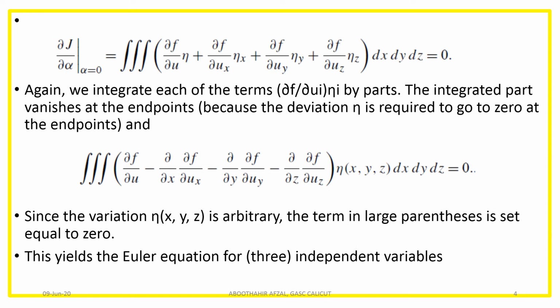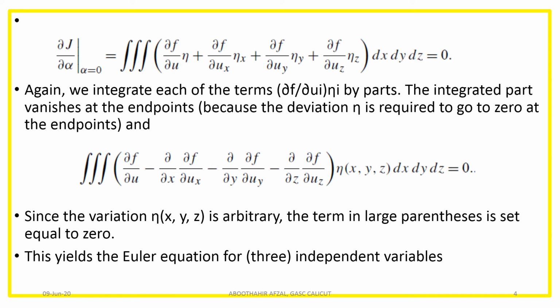It can be found by dou f by dou u, because f is a function of u, that into eta, because we are differentiating with respect to alpha. So first we differentiate f with respect to u, and then eta.